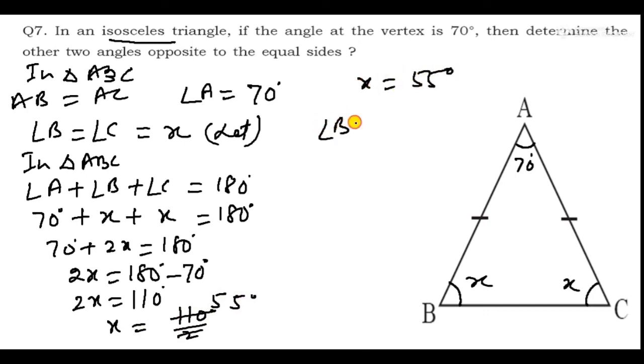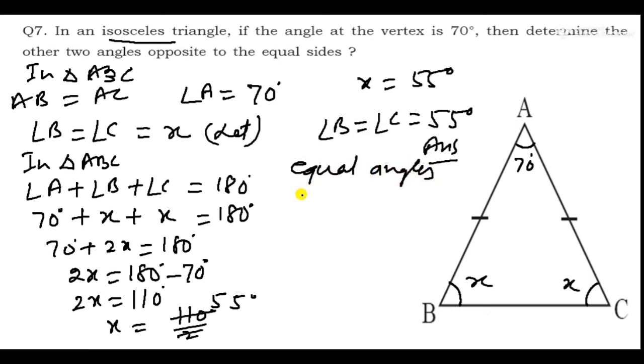That means angle B is equal to angle C is equal to 55 degrees. So that is the answer: the two angles opposite to the equal sides, the equal angles, are 55 degrees.